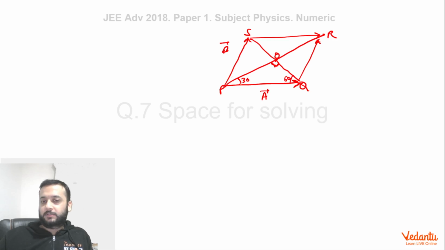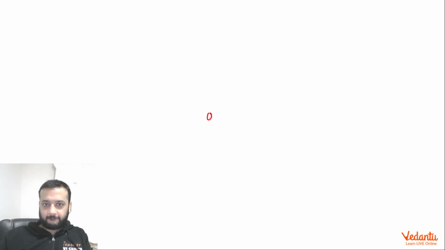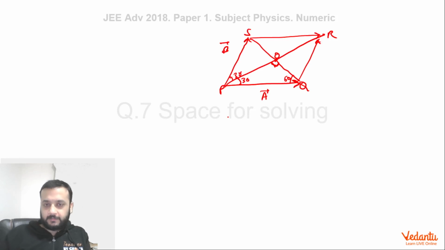So this is 30, and this will also be 30 using the property of a rhombus. Hence, the B vector has rotated by an angle of 60 degrees. Now theta equals omega t. So we can say that theta is pi by 3, equal to pi by 6 into t, so t is 2. I hope you would have enjoyed this solution.